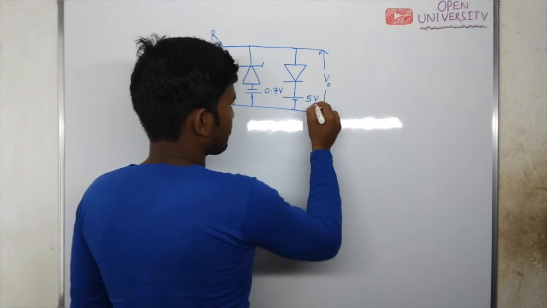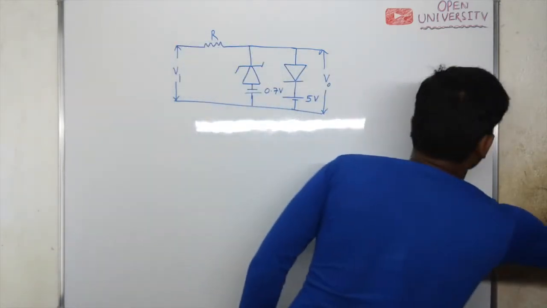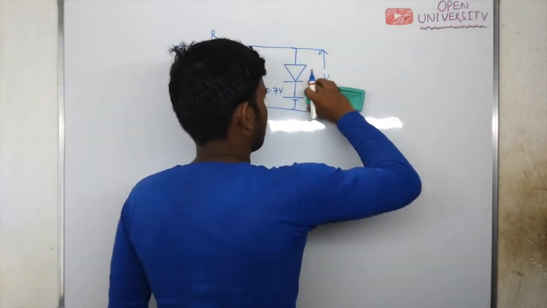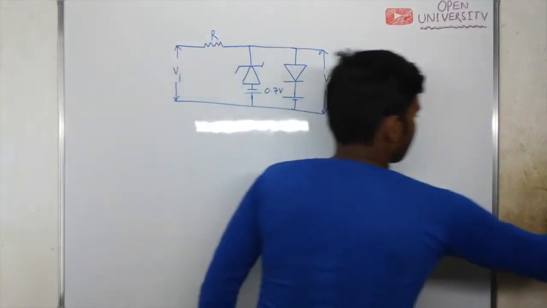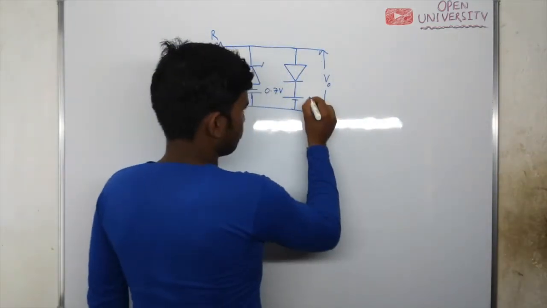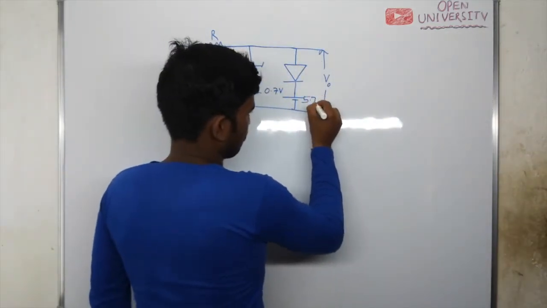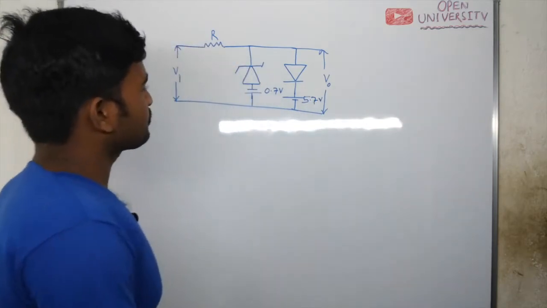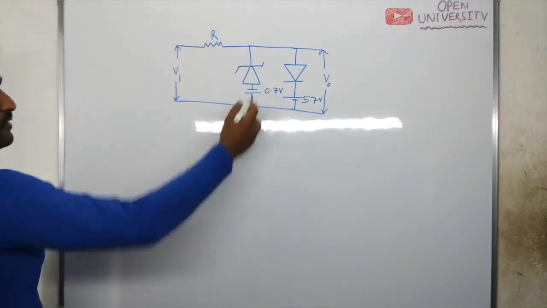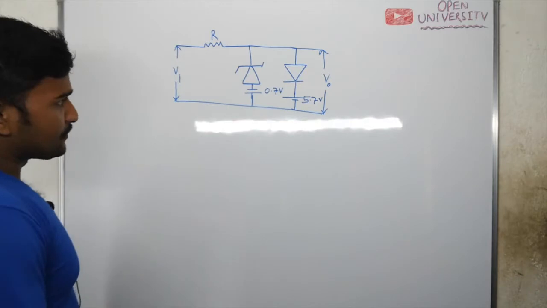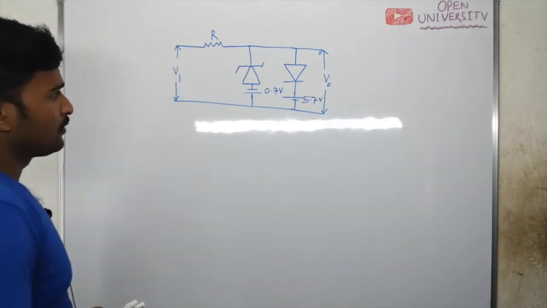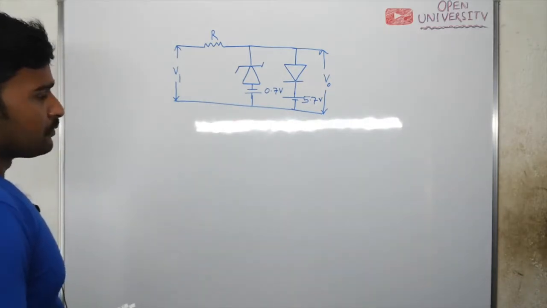The net voltage becomes 5.7 volt. Here it is 0.7 volt.